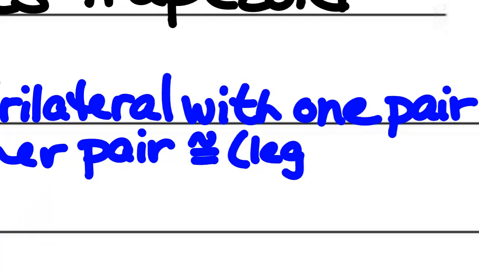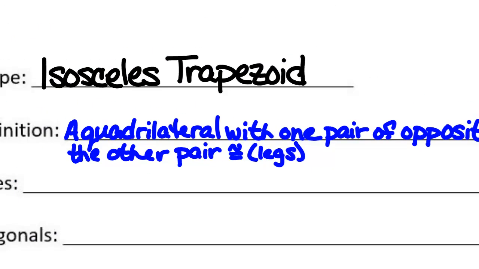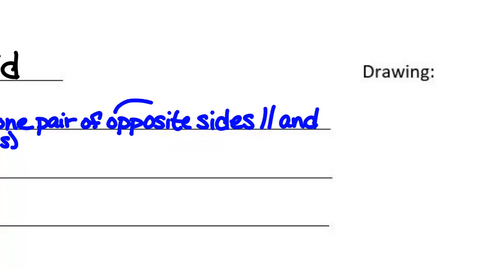Those we refer to as the legs. The sides that are opposite and parallel we call the bases.